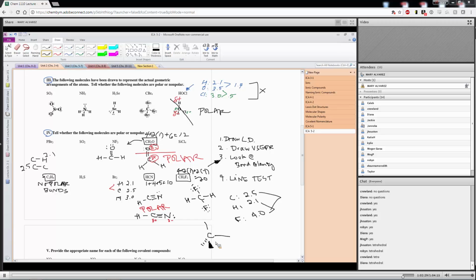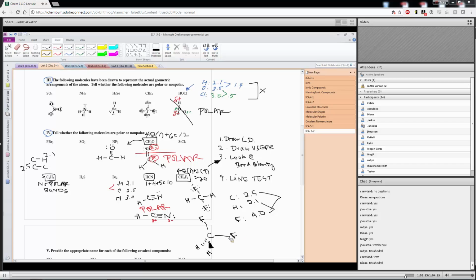But for the purposes of seeing whether it's polar or not, it will actually help us if we put the same types of atoms on the same side. So I'm going to put both hydrogens on the same side and both fluorine atoms on the same side. That's going to help me see it. But it really doesn't matter. It's just being able to see it from a perspective.